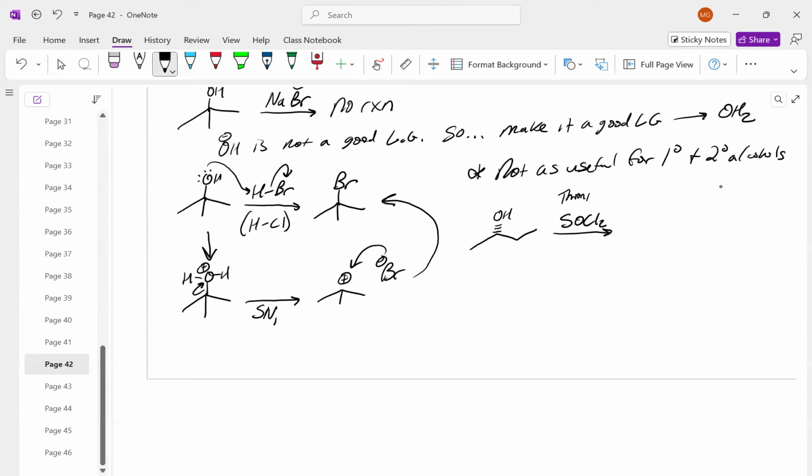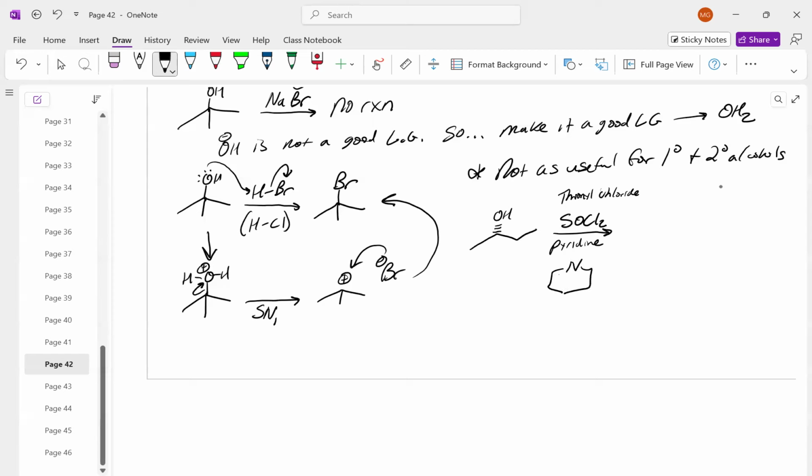I would memorize this name and formula. So we do this reaction with thionyl chloride, SOCl2, and a base. This is known as pyridine. I would just memorize this name and structure.